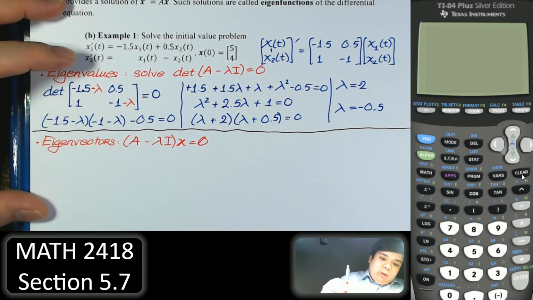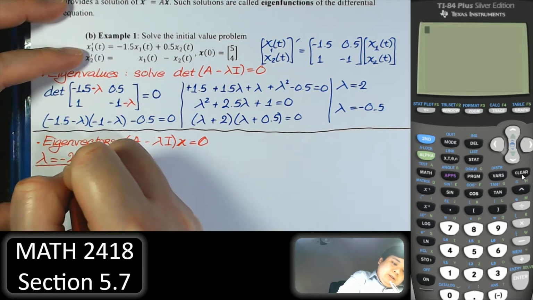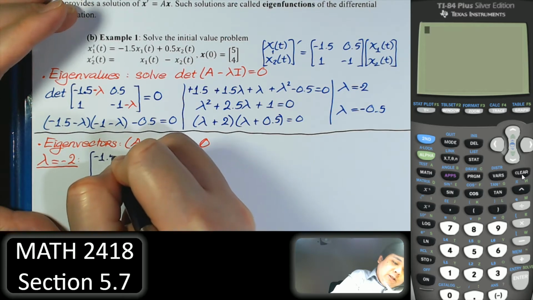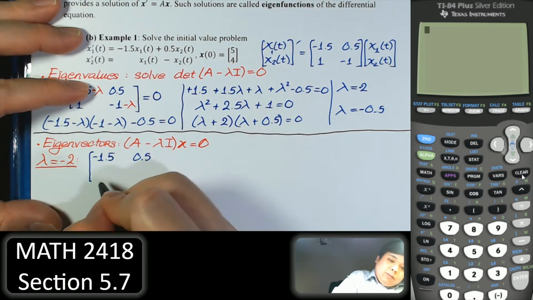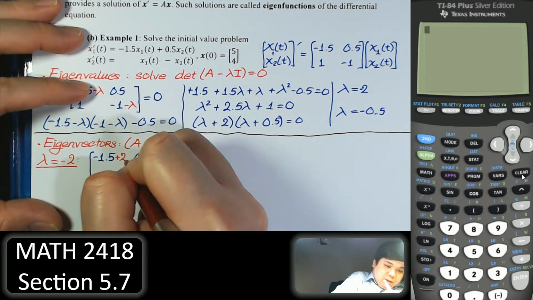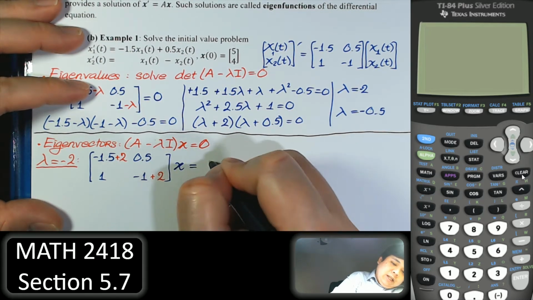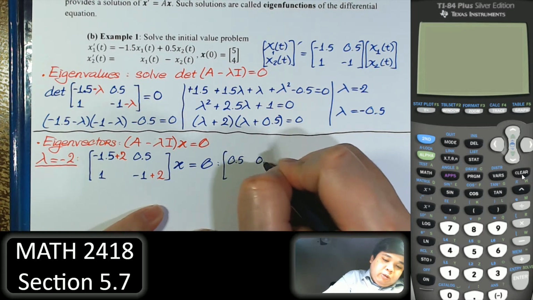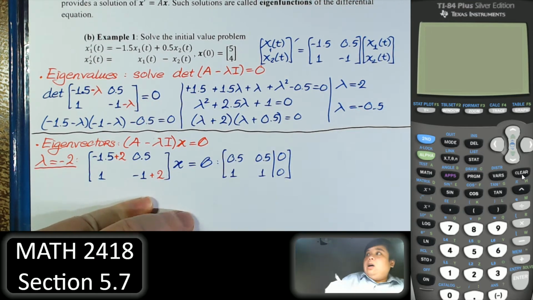So for lambda equal to -2, we have the matrix, minus minus 2 is plus 2, times x equal to the 0 vector, which turns into 0.5, 0.5, 1 and 1. Reduce with echelon form.